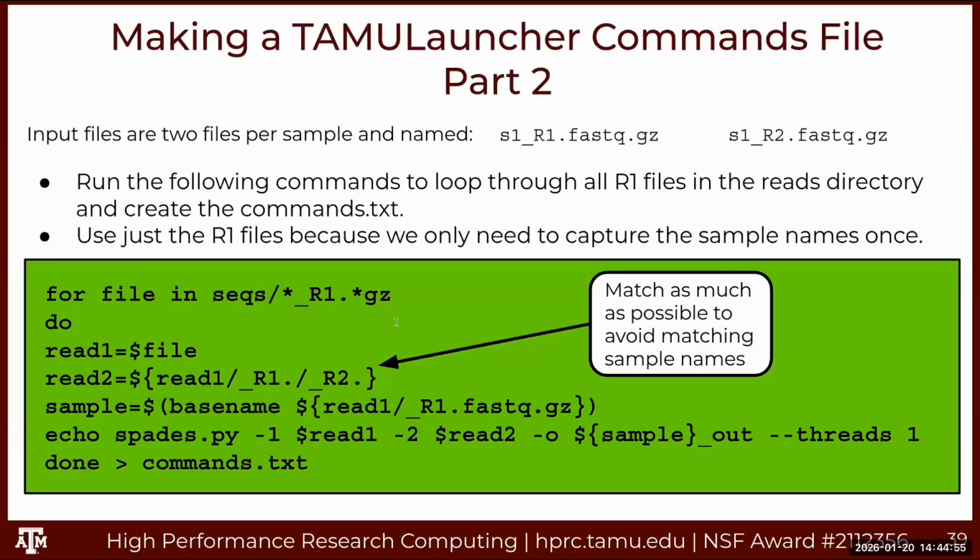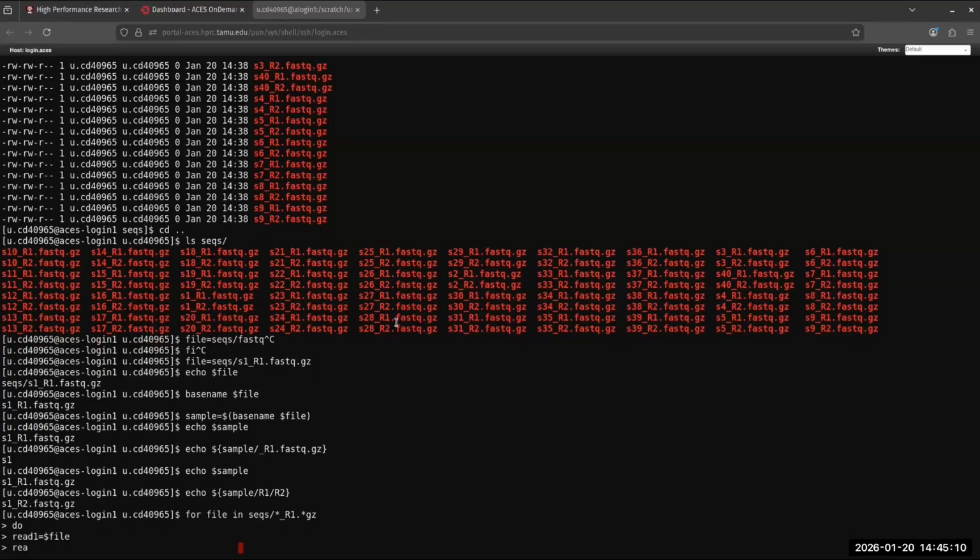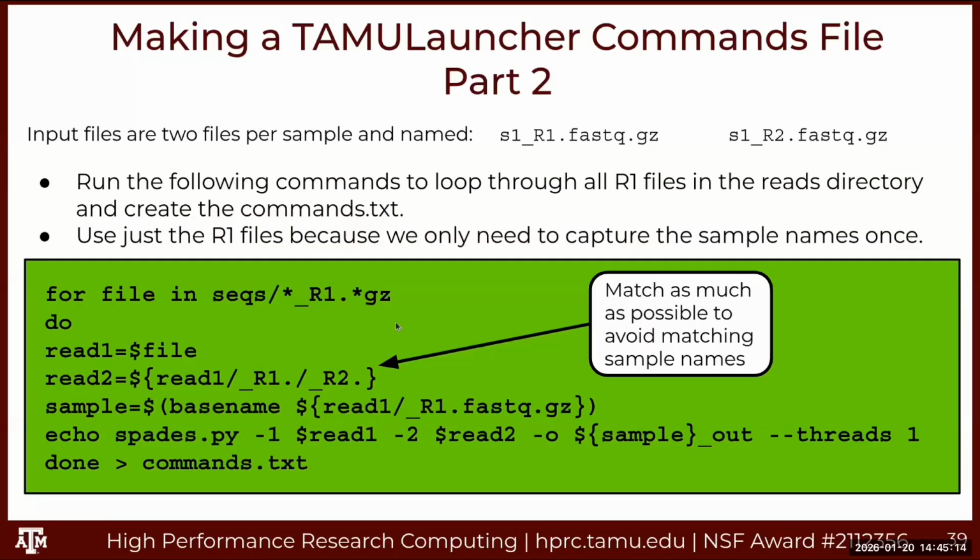And then you start it with do. read1 equals file. So whatever first file it captures, we're going to create a variable called read1. read2 equals read1 and substitute R1 with R2.